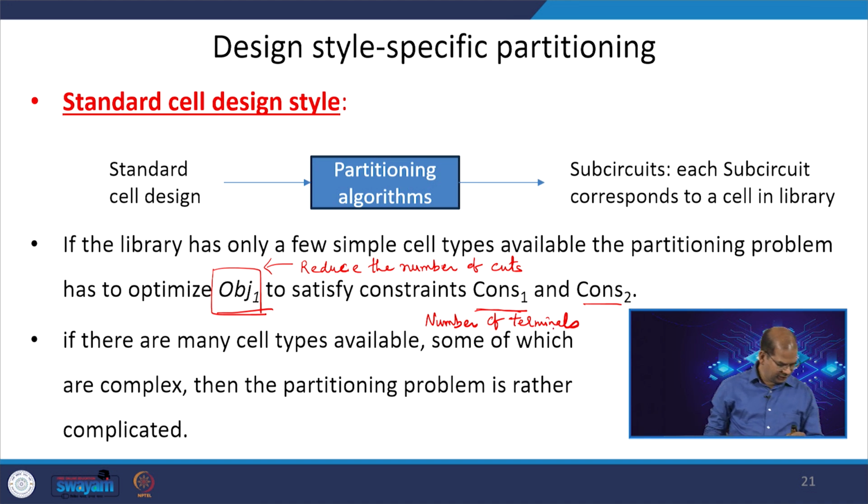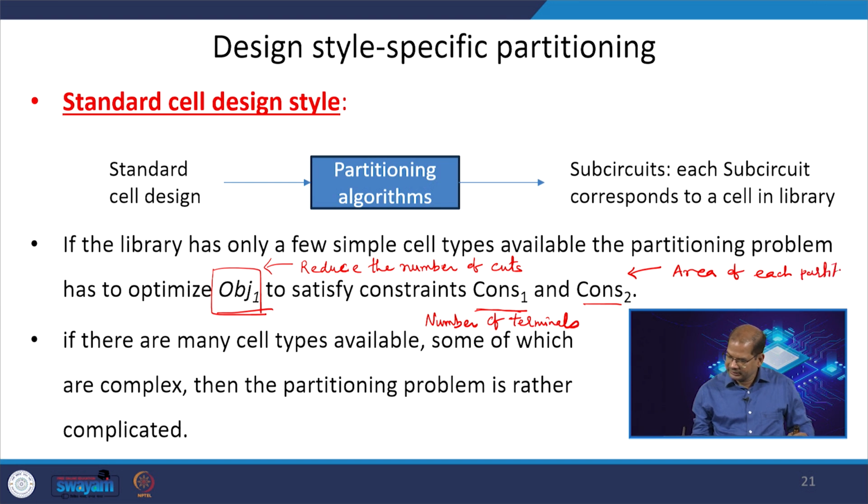Constraint 2 is related to the area constraint, the area of each partition. The area of each partition should be bounded by area min and area max of that partition.